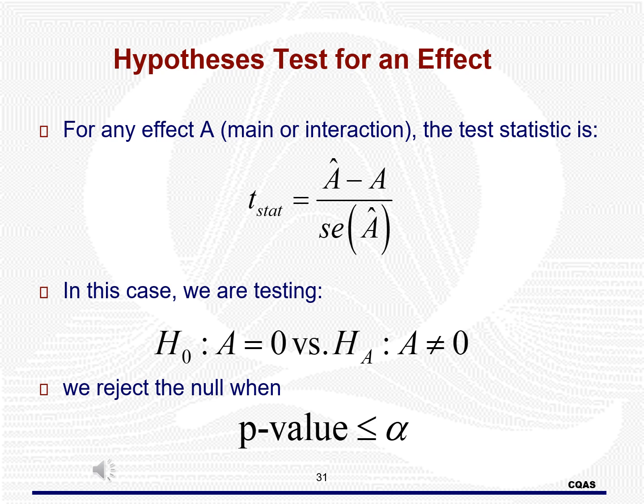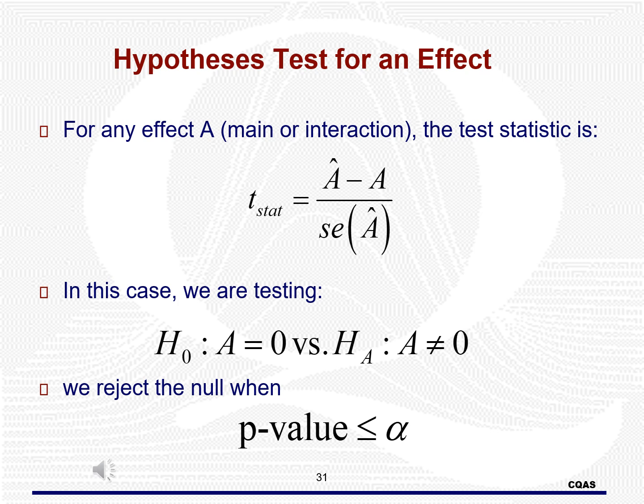Recall that if the true effect is 0, then that factor is not needed in the model. We reject the null when the p-value is less than alpha. Here we need to make sure that we set the type I error before we run the experiment. Why can't we just look at the results then decide on a type I error level? Well, then we could reject everything. We call this data snooping.